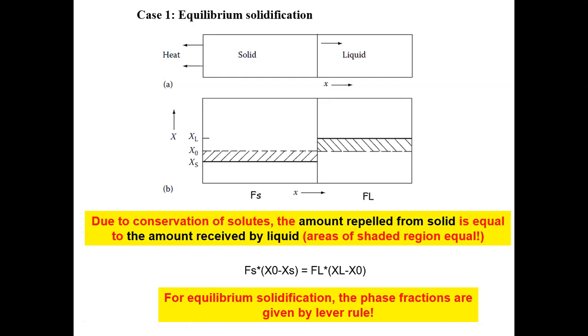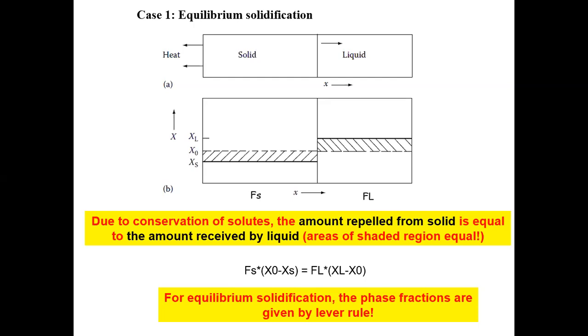We have been using the lever rule for our calculations from the phase diagram, but we see now that if you want to apply the lever rule, there's a very strong condition, which is that both the liquid and solid phases have to be in equilibrium. Not only does the temperature have to be uniform in both of these regions, but the solutes also have to have a uniform distribution.